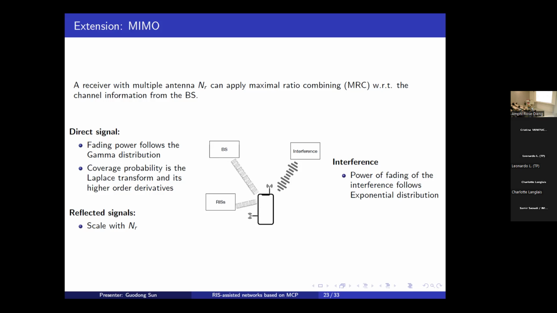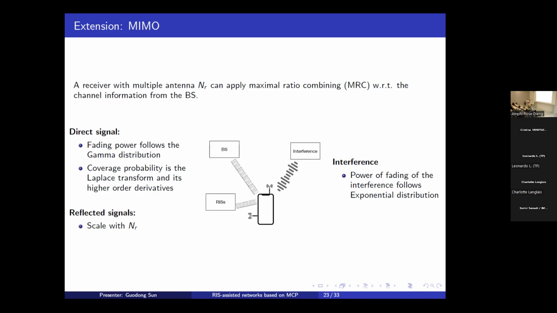Actually, this topic also started without RIS. There are some results for the direct signal. The fading would follow a more complicated distribution called the gamma distribution. And then the coverage probability is expressed again in Laplace transform and its higher order derivatives.